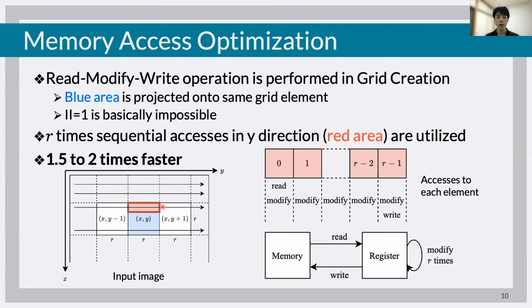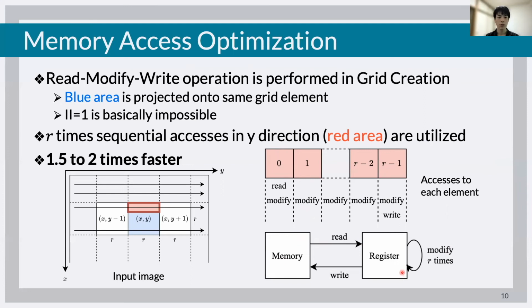Now we focus on the red areas. When the first input pixel is loaded, the necessary element on the grid is loaded from memory to registers. Then the rest of the input is processed on the registers and modified at all times without storing back to memory.